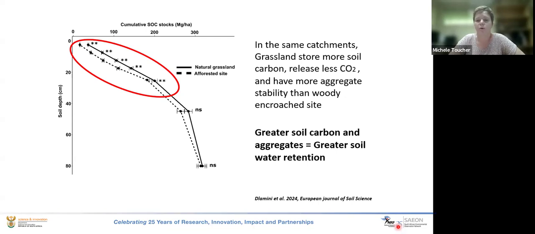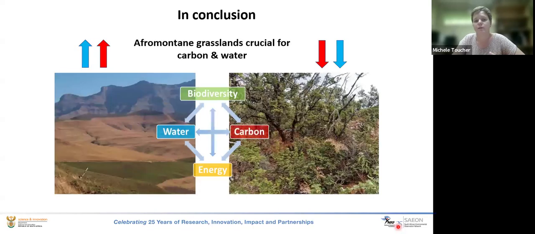And that, together with the water resources work, shows that we just need to look at these systems in a nexus approach. So we need to consider the water, carbon, the energy, and the biodiversity from these systems.